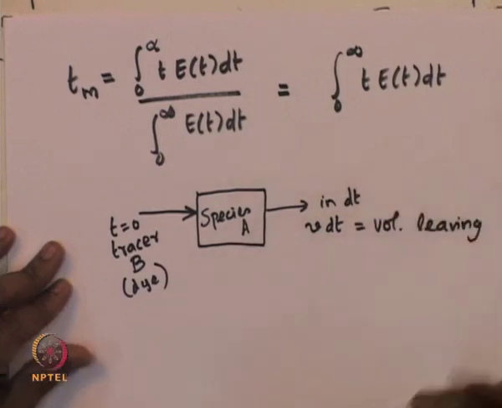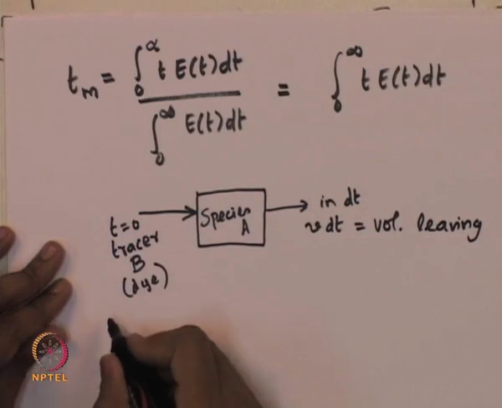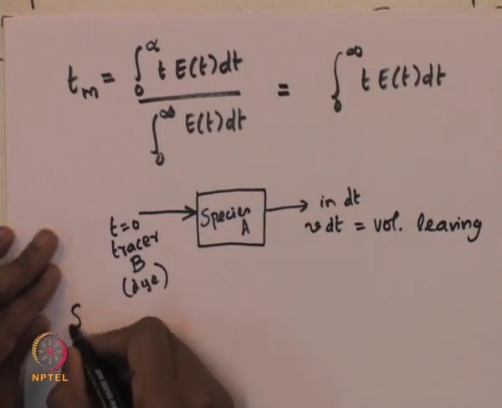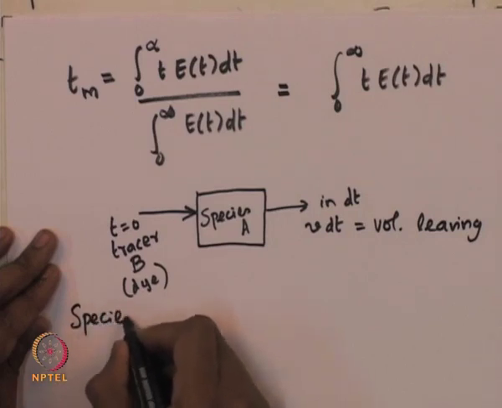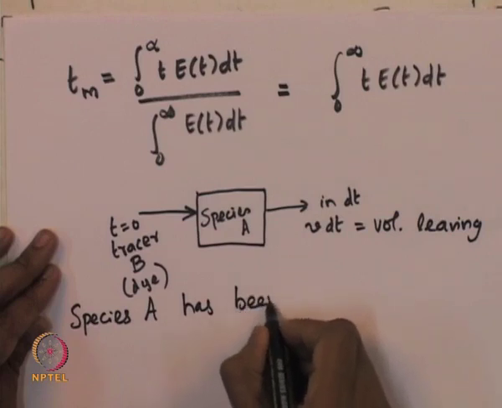Not the tracer. Okay. Now suppose we want to know about species A, which has been in the reactor for a long time.